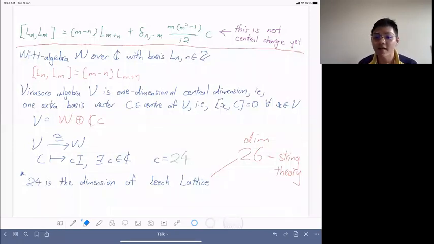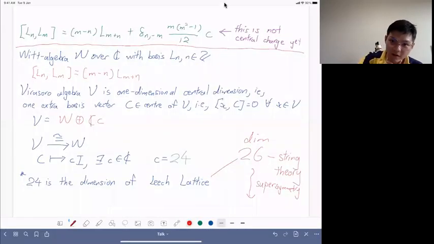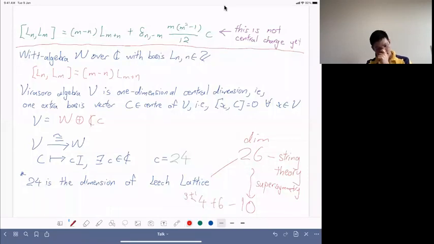And yeah, so there's also a story that after you apply some supersymmetry, you get superstring theory, where you can reduce this dimension to 10. So 10 is 4 plus 6. 4 is 3 plus 1, R^3 plus one-dimensional time, and then plus 6.